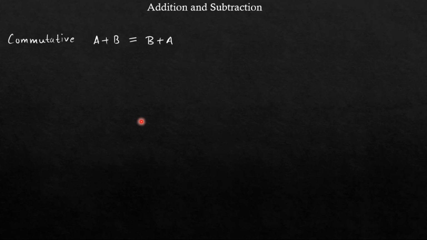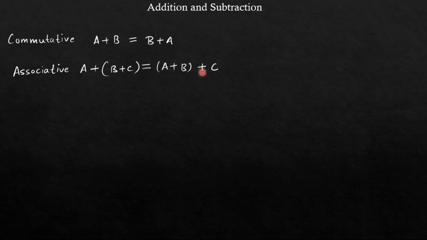The second is it follows associative law. What is associative law? It means if you add three matrices, that is A plus B plus C is equal to A plus B plus C, grouped differently.